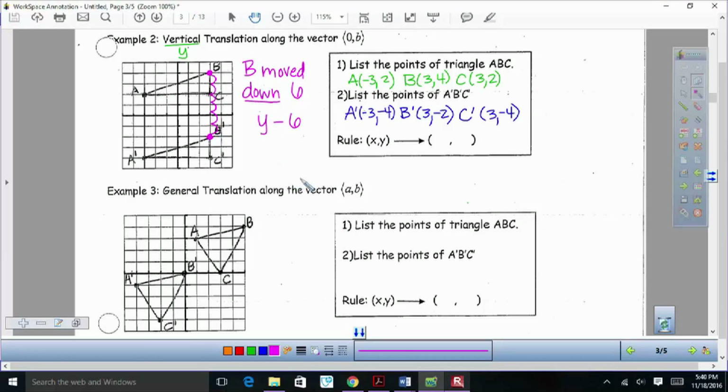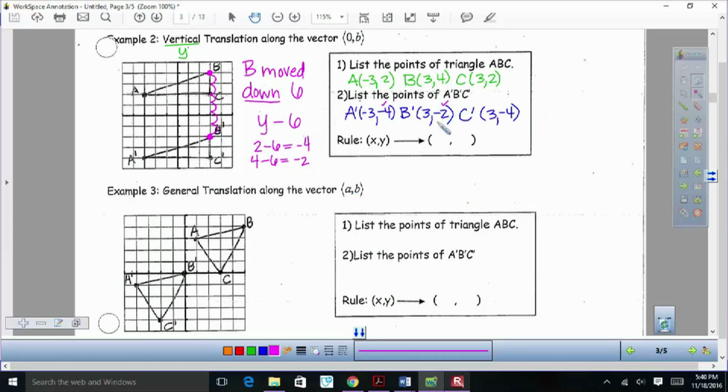Now, to make sure this is correct, we want to check. Let's look at our original y in point A, which is 2. So 2 minus 6 would give me a -4. So that works. And then I'm going to check B as well, just to make sure. So 4 minus 6 gives me a -2. So that one also checks out.